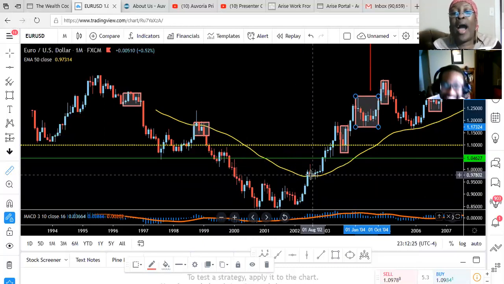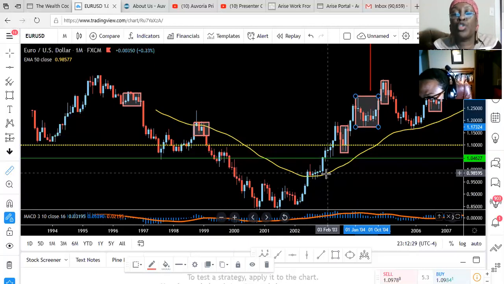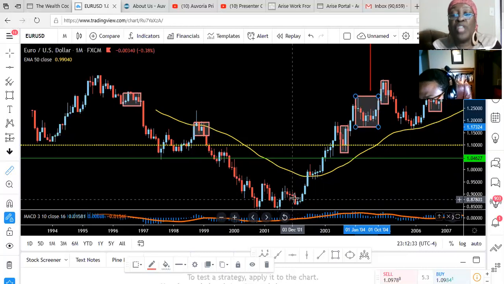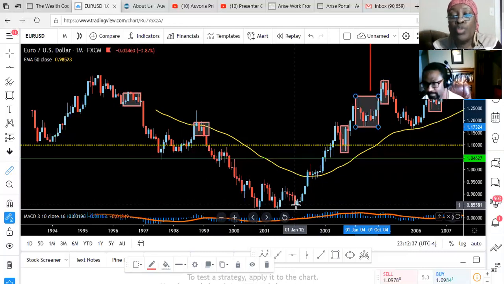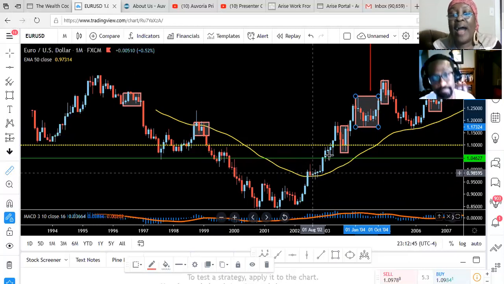So higher highs and higher lows is a bullish trend, basically. So you see where you have your bearish, which represents your low. So the low was right here. The next low was right here. It's a higher low and it's a higher high.